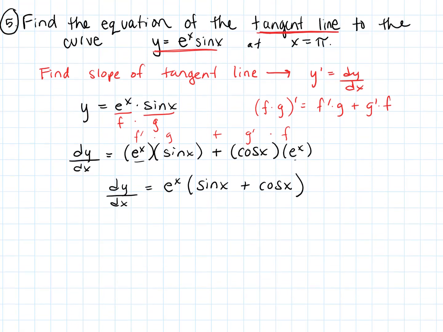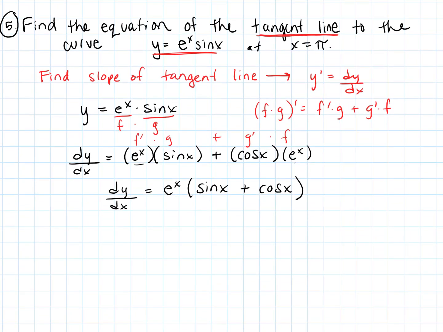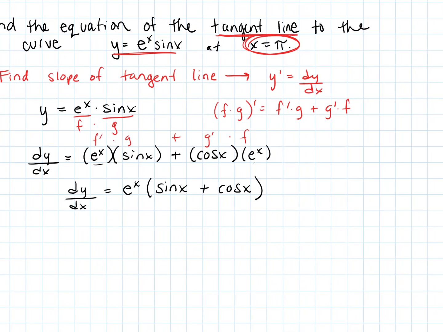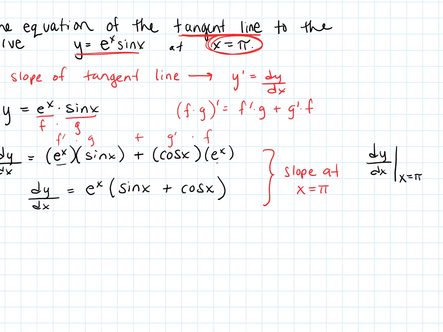Now if we want the actual slope of the tangent line at a point, in this case at x equals pi, the slope at x equals pi would be dy dx evaluated at x equals pi. So we plug that in.